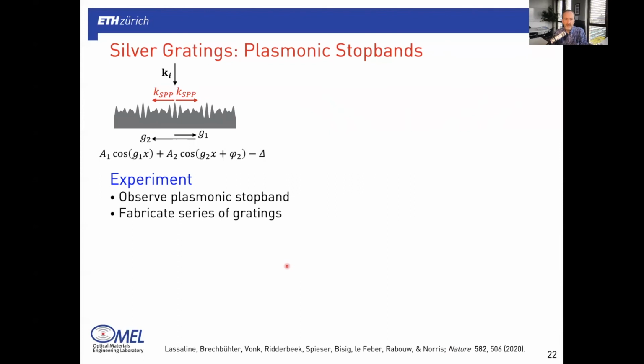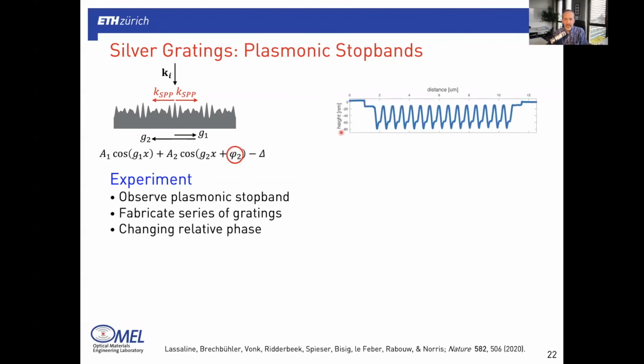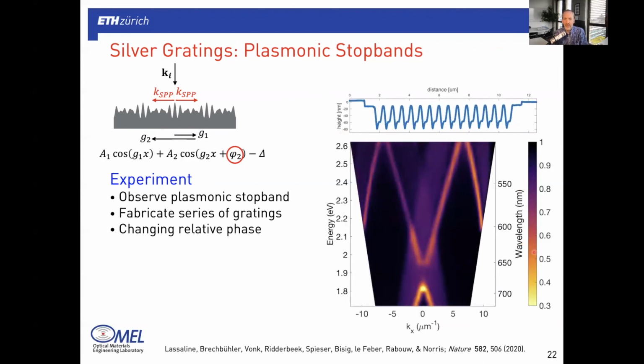Moreover, he could then use all of his control and fabricate a series of gratings where experimentally he's varying the phase on the second Fourier component. And this is a GIF that he made of a whole bunch of gratings. This is experimentally measured topography of each of those, which he's compiled together in a GIF, where he's changing this phase phi 2, and then you can see what effect it has on the stop band.